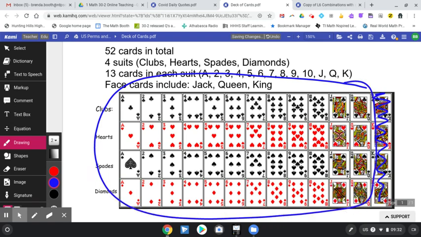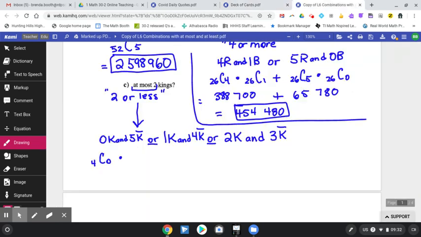And so 52 subtract 4 means that there are 48 cards in the deck that are not kings. So I'd have to say 48 available, and I want to choose 5. So this is a good place to pause and see if you can finish this question off.